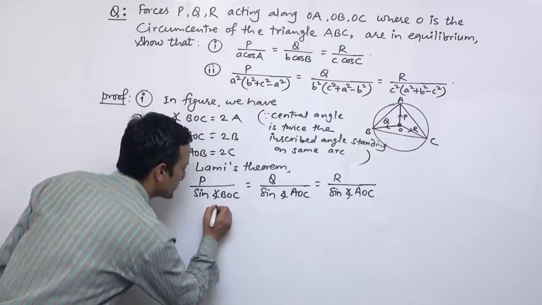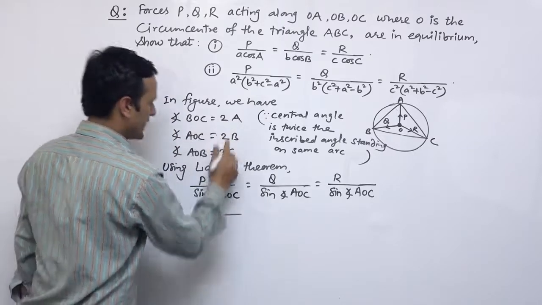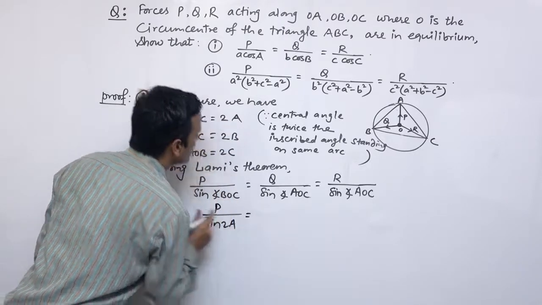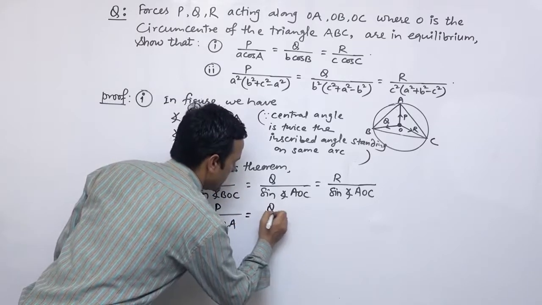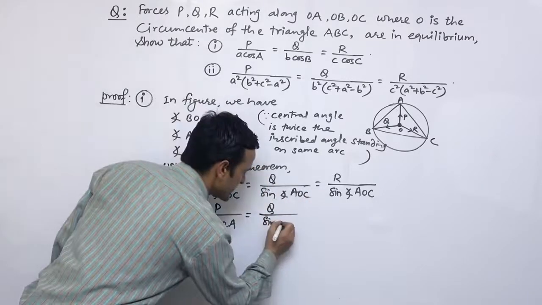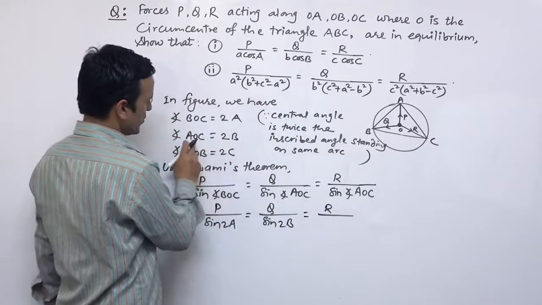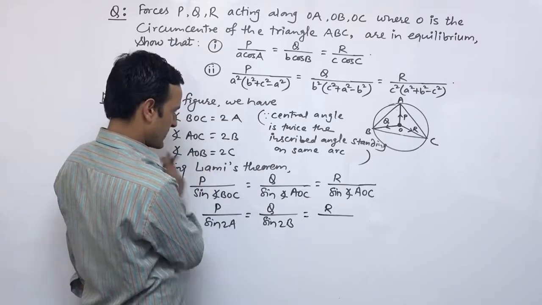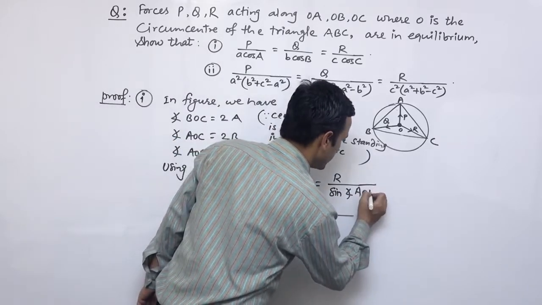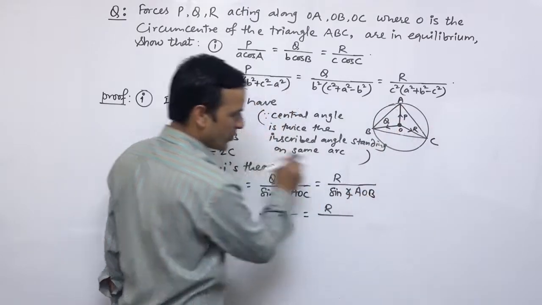Now we can substitute the values. Sin BOC is sin 2A, from the region above, and Q upon sin AOC is sin 2B, and R upon sin AOB, not AOC, it is AOB.